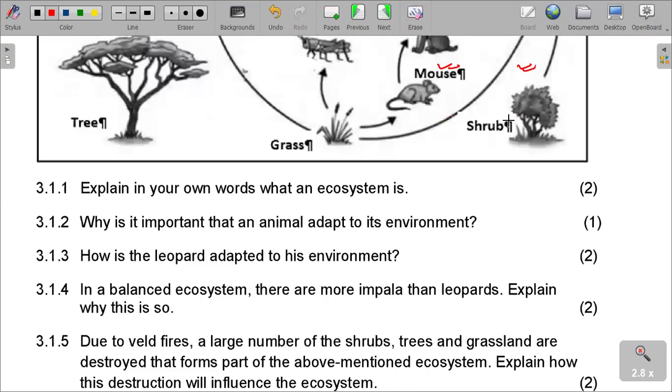So in other words, I can put it on the board that an ecosystem consists of an ecological community.